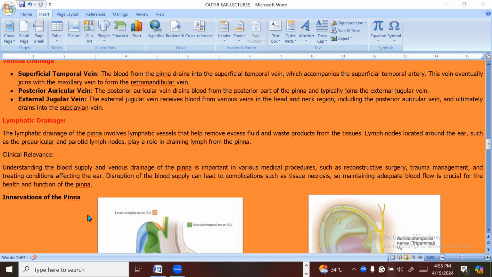Because if there is disruption of the blood supply to any part of the ear from these tributaries or vessels, it can lead to complications such as tissue necrosis, and that section of the ear might begin to die, or even the procedure might not work out because the blood provides the essentials for every living tissue. So we have to maintain adequate blood flow so that the pinna will be healthy and function very well.